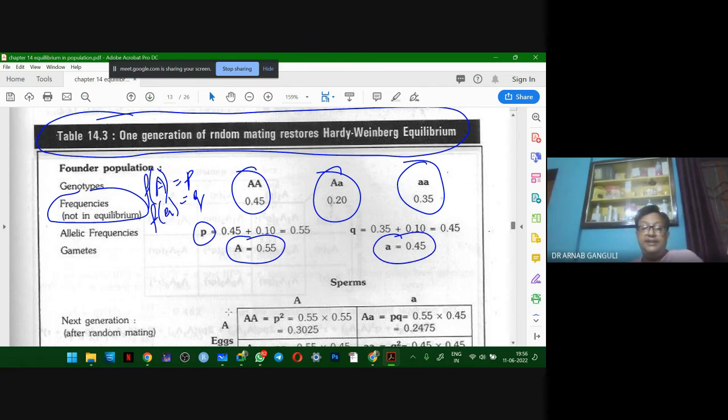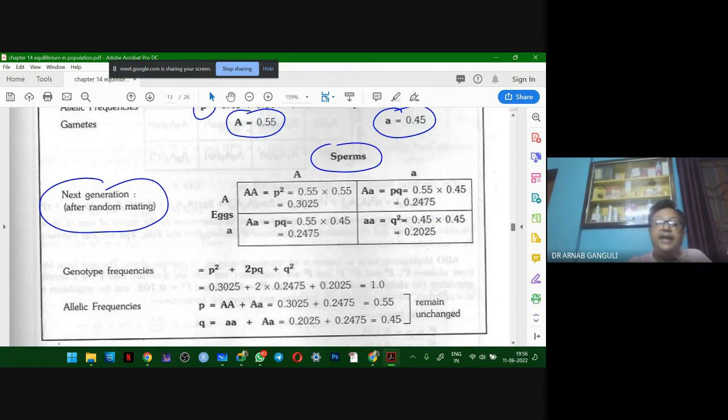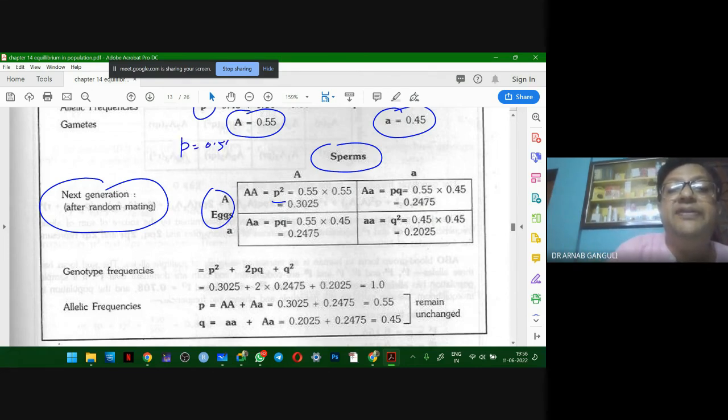In the next generation, if random mating takes place, the sperms and eggs, AA is equal to P square. Here P is equal to 0.55. So this is 0.3025, Aa is 0.2475, this is also 0.2475, and Q square is 0.2025.